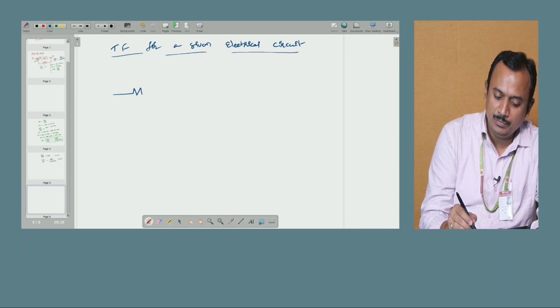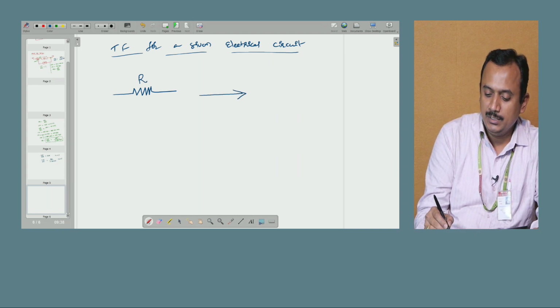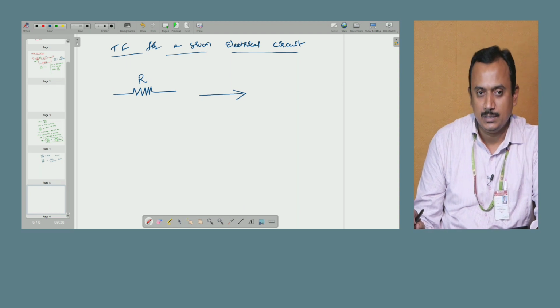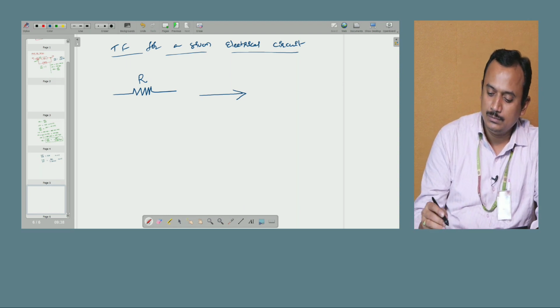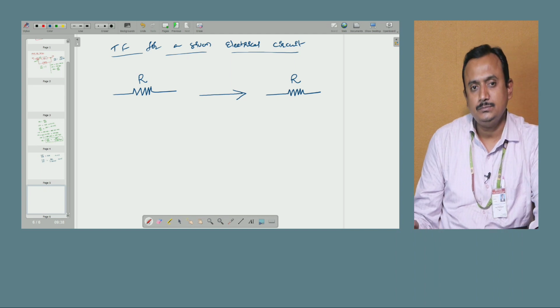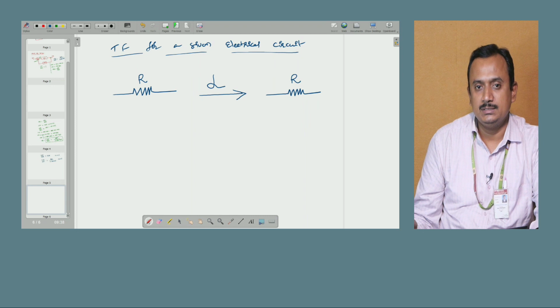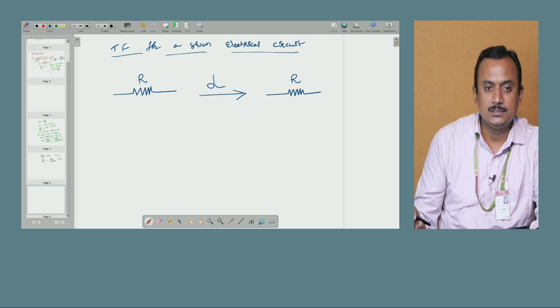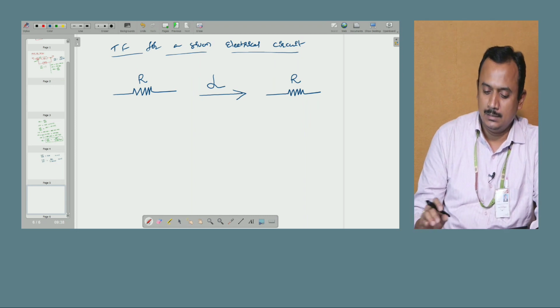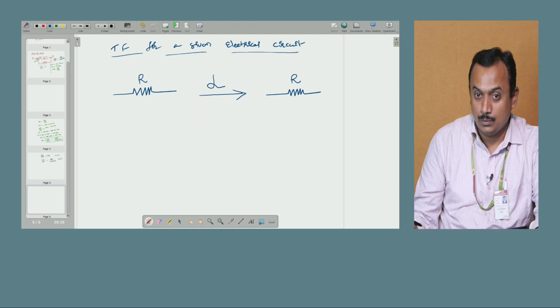If I take a pure resistor, the value let us say R. From the previous classes or from the intermediate level, we know the Laplace transform of a resistor is simply R. The Laplace transform is denoted by this symbol, and if I apply the Laplace transform to the resistance, the value you are going to get is the resistor only.